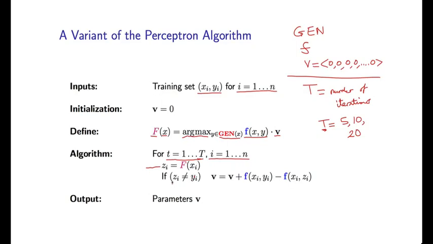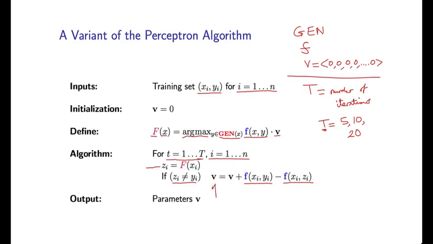If, however, we have zi not equal to yi, then the structure we've produced is somehow different from the target structure yi, and in that case I make an update to the parameters v. The updates look extremely simple. The new value for v is the old value for v, and we add in the feature vector for xi, yi, and we subtract the feature vector for xi and zi.